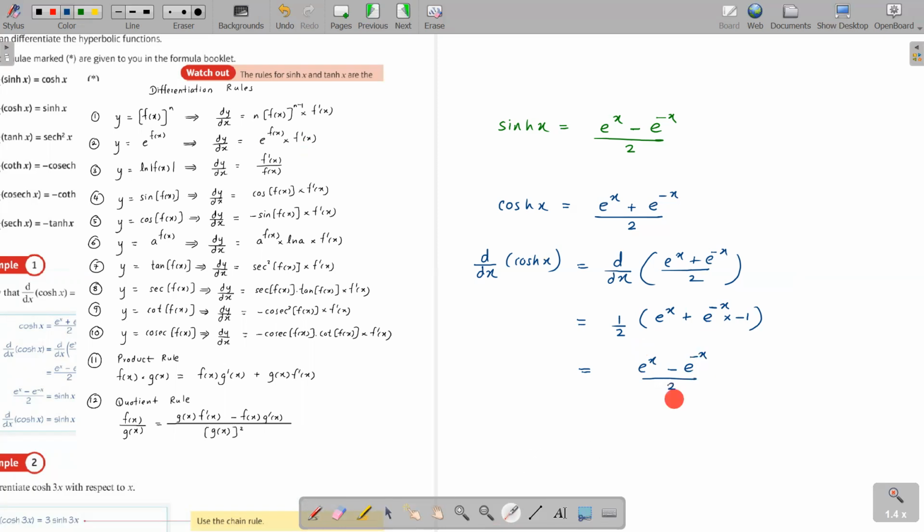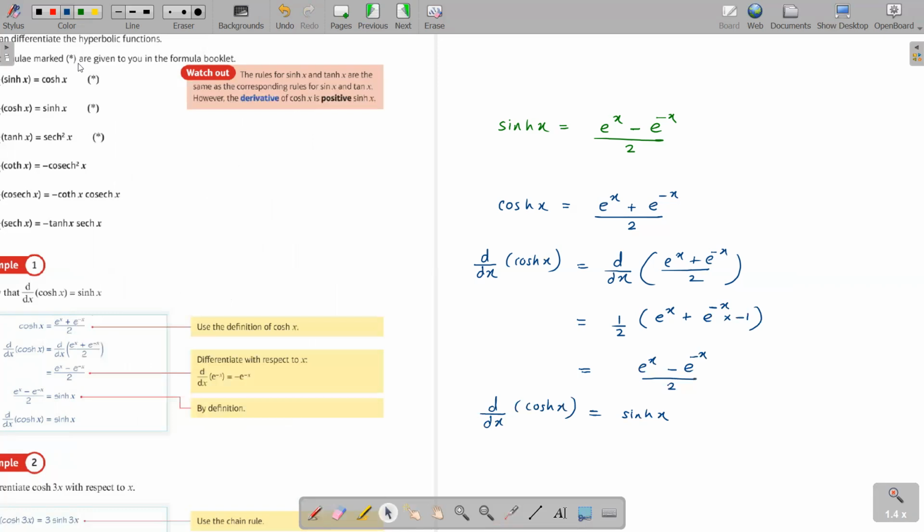So e^x minus e^minus x over 2 is actually sinh x. You can see that d by dx of cosh x, when you differentiate cosh x with respect to x, we end up getting sinh x. So this differentiation is done by using the definitions of the hyperbolic functions. In the exam, unless they ask you to prove it, you are allowed to use these rules directly.